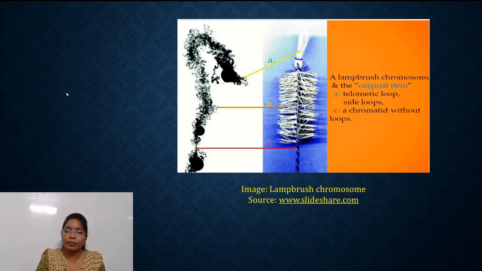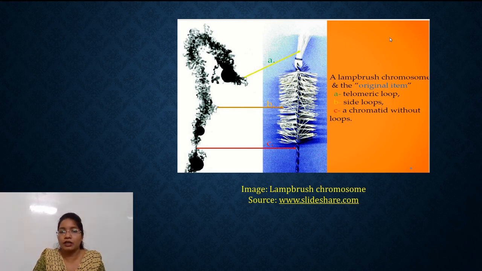Okay, so in this figure, this is a Lampbrush chromosome and the small a, that is this portion, is the telomeric loop. Telomere, that is the end portion of the chromosome, as we have seen in the first part of chromosome.